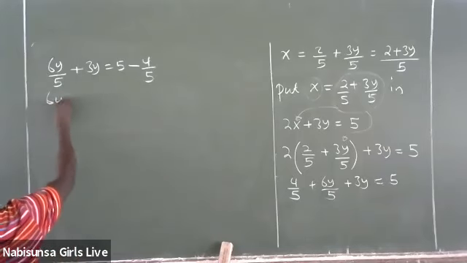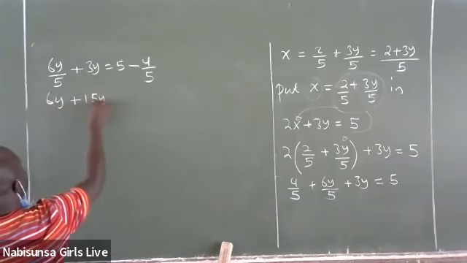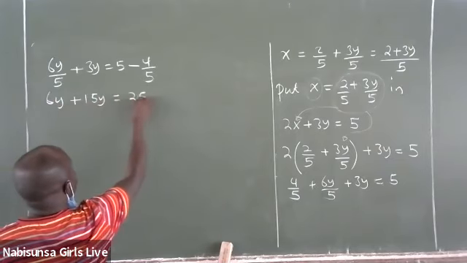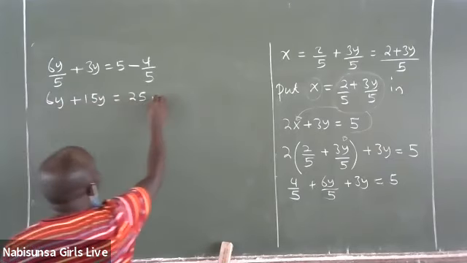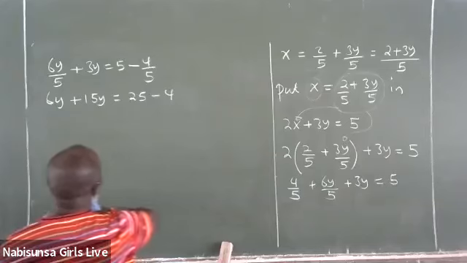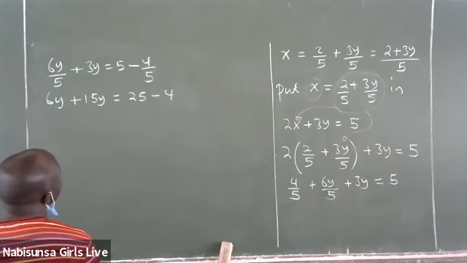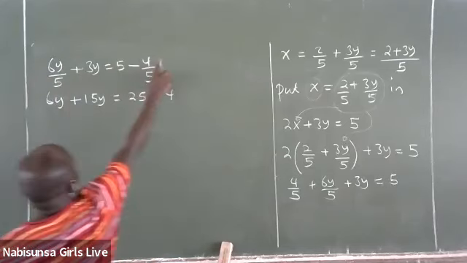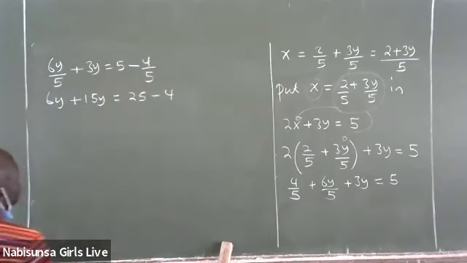And you get 6y plus 15y is equal to 25 minus 4. Times 5 this side, times 5 that side. What I've done this side, I've done the other side. So I hope we are fine.